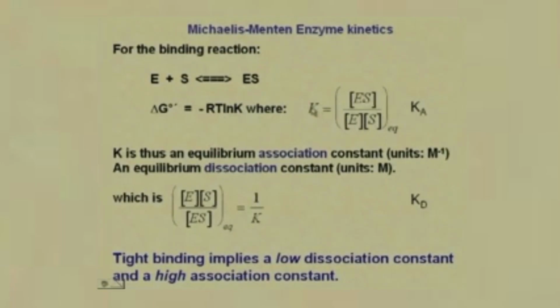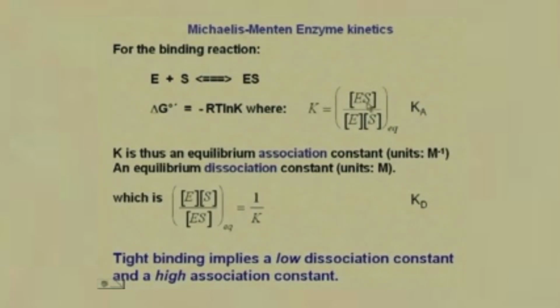If this is our equilibrium constant, we can find a delta G naught for this. So for this particular binding reaction, we have E plus S that takes us to the enzyme substrate complex, and we have an association constant associated with it.